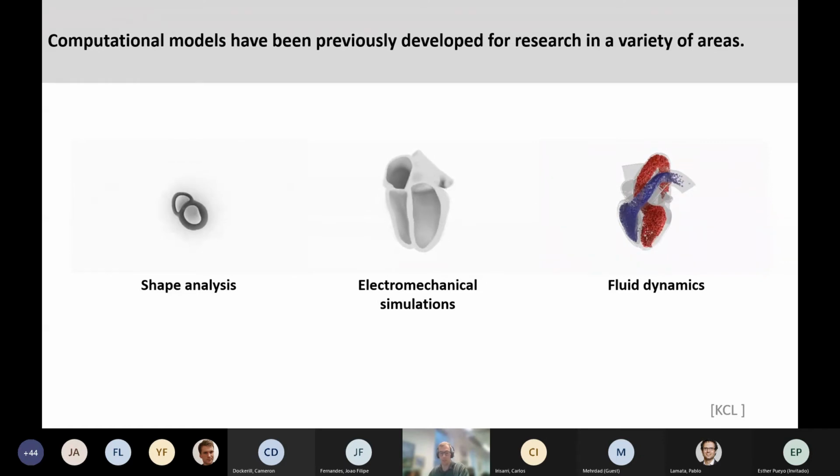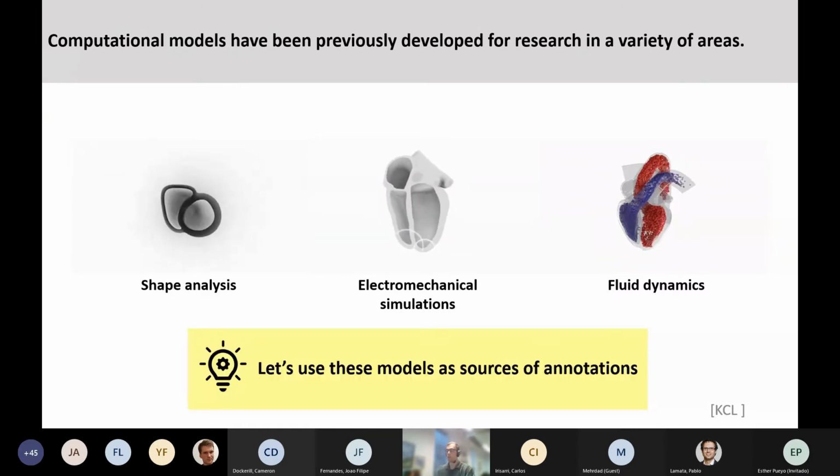I'm sure there are going to be talks later on electromechanical simulations and fluid dynamics as well. So we have these computational anatomical models that have already been developed for a wide range of applications. And the idea is that we can use these models as sources of annotations. So that's what we're going to start from: these models that have already been developed.